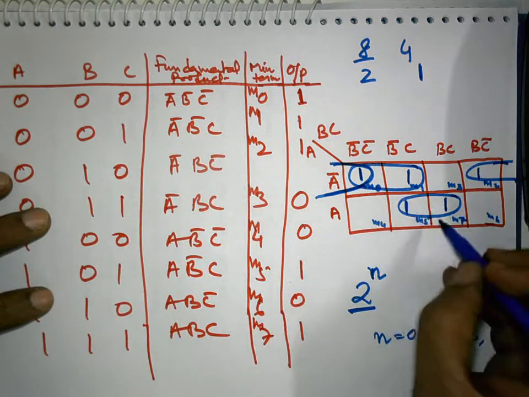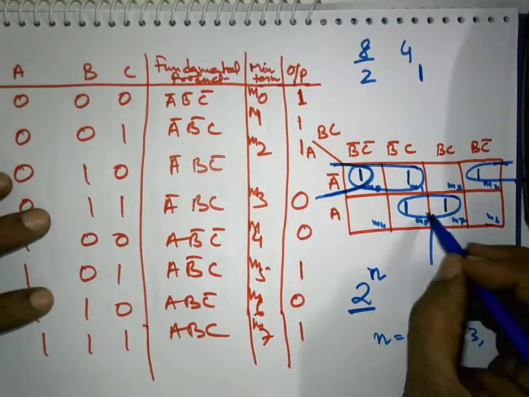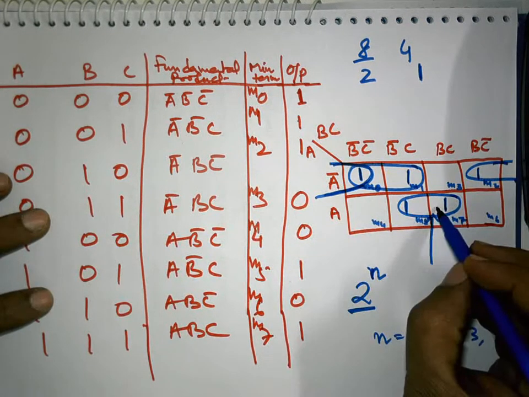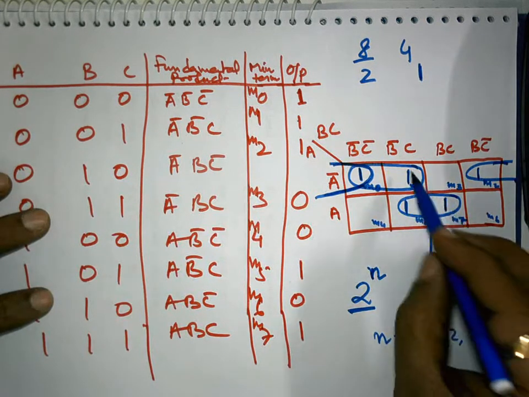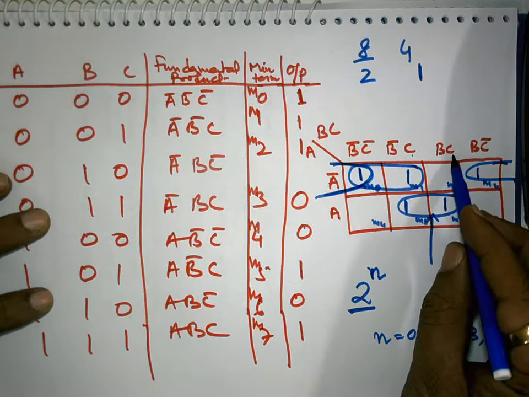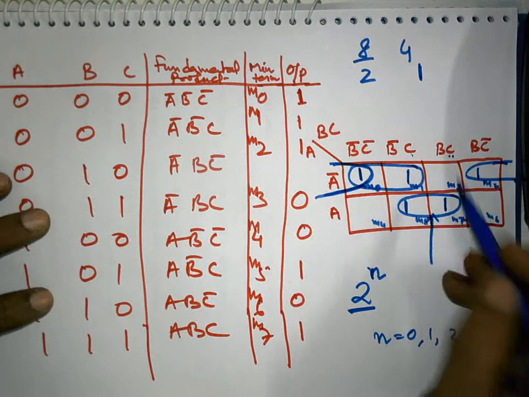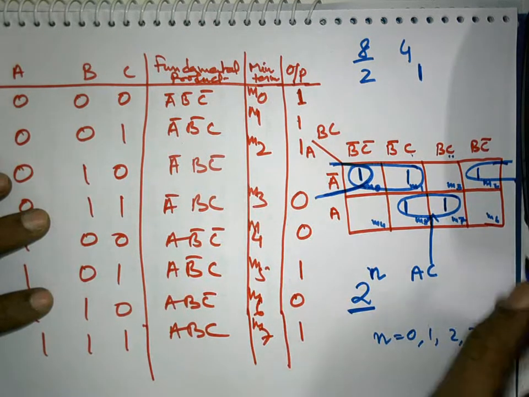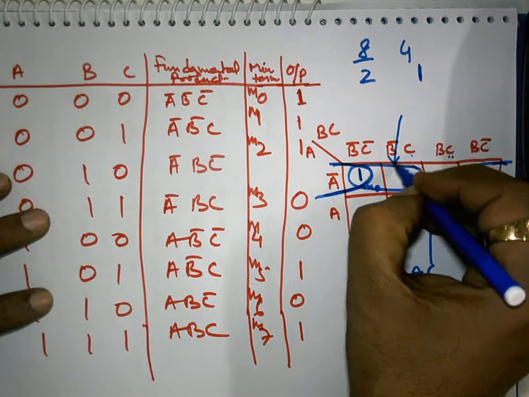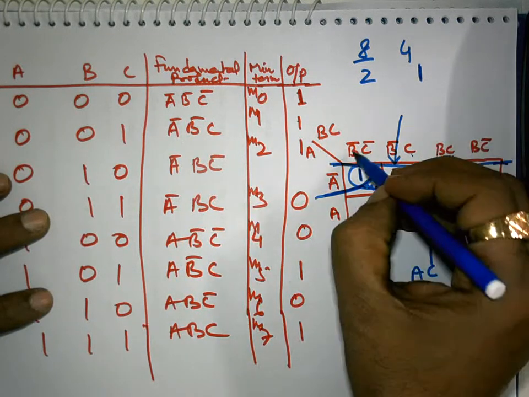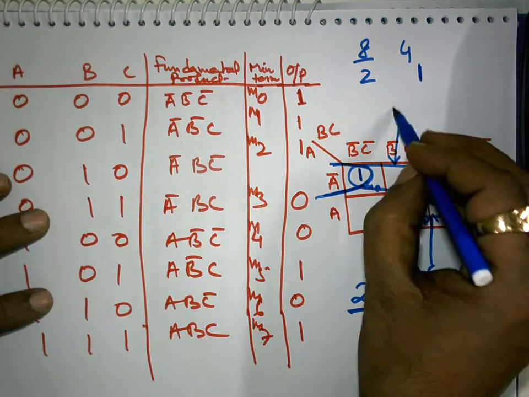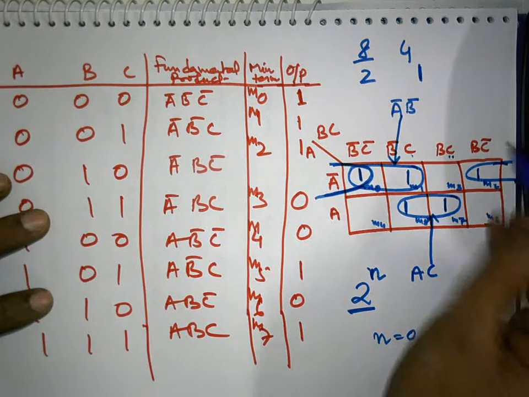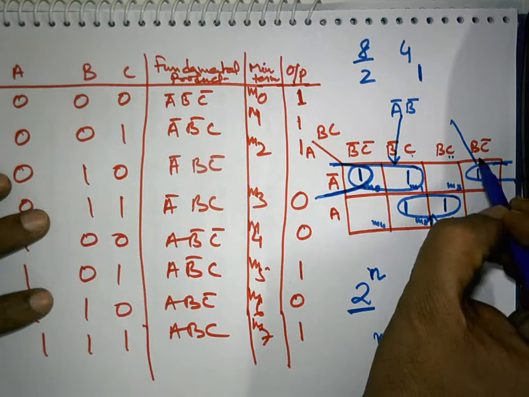Okay, so this way they can be reduced. What output will we obtain from this grouping? A is unchanged while roaming in this group and C is unchanged. So A C is obtained from here. What is obtained from here? You tell me. A bar, B bar. What is obtained from here?